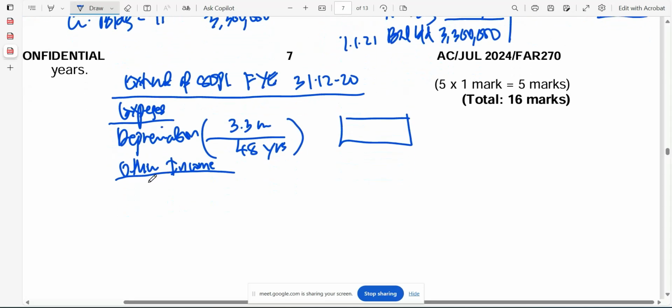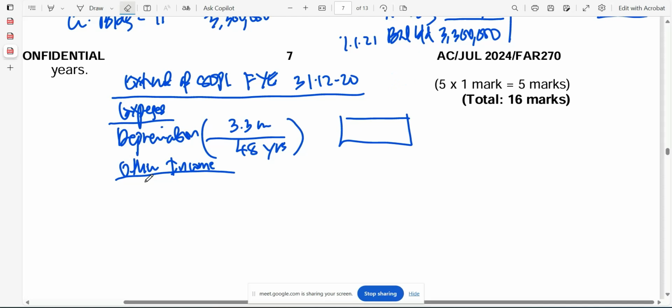For 2020, you have to check if there is any other income, so none. But if you did things on 31st December, or maybe on 1st of January 2020, then you could see other income. So in this case, there is no other income. There was just the depreciation.